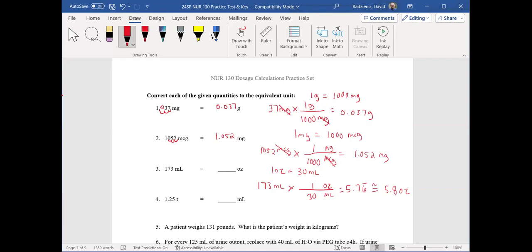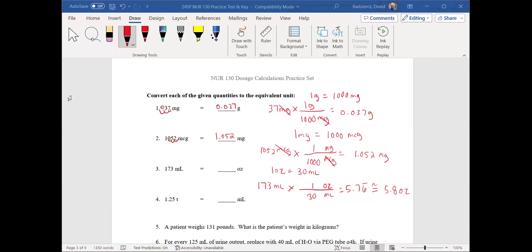The other thing is, if you see on your calculator a whole long list of numbers, your instructors don't want you to write out 6 to infinity. They want you to round it. You just need to know, do you round it to the 10th or to the 100th? And on this test for CCAC, you are going to round to the 10th if it's greater than 1, to the 100th if it's less than 1, with the exceptions. The first exception that we've already talked about is if it's a metric to metric conversion.